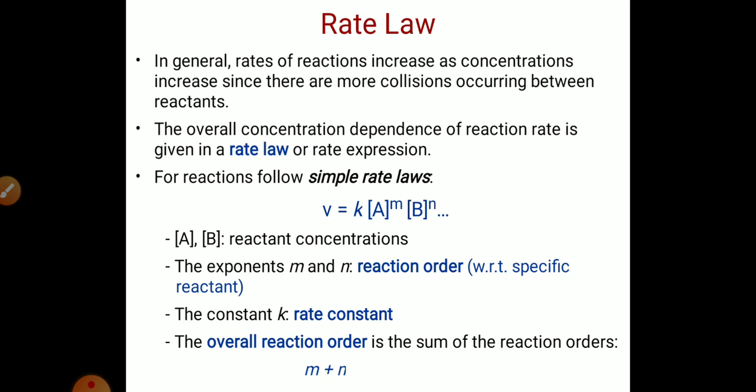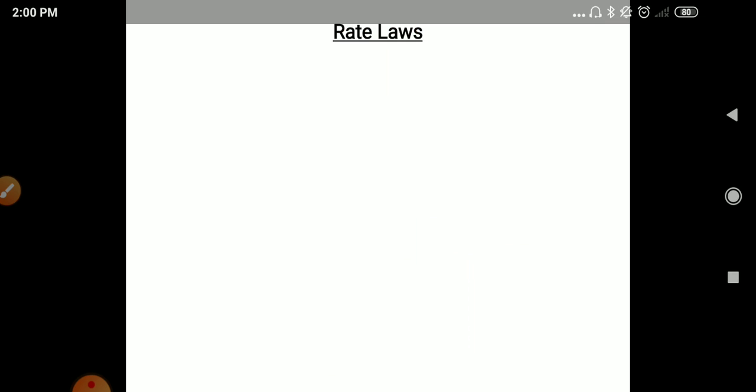Okay? The overall concentration dependence of the reaction rate is given in a rate law or a rate expression. For a simple equation, the rate law is V equals K[A]^m[B]^n, where A and B are reactant concentrations, m and n are powers, K is the rate constant, and the overall reaction order is the sum of the reactant orders, which is m plus n.